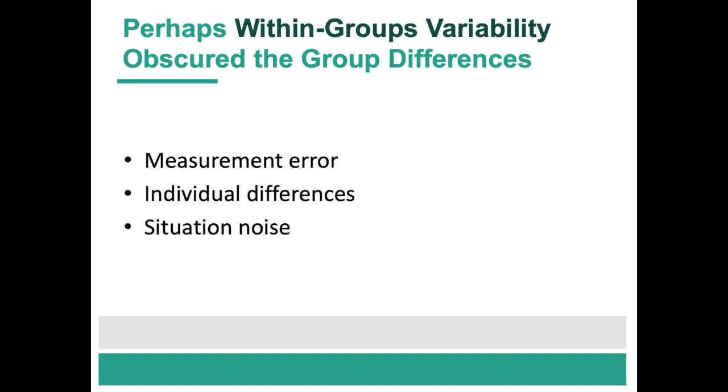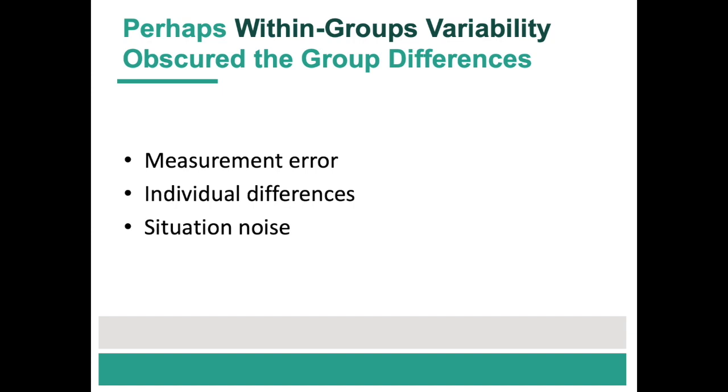So measurement error is basically your measure is not that great, so there's a lot of noise in the measure itself. It's like trying to measure someone's height using forearm distances instead of inches.